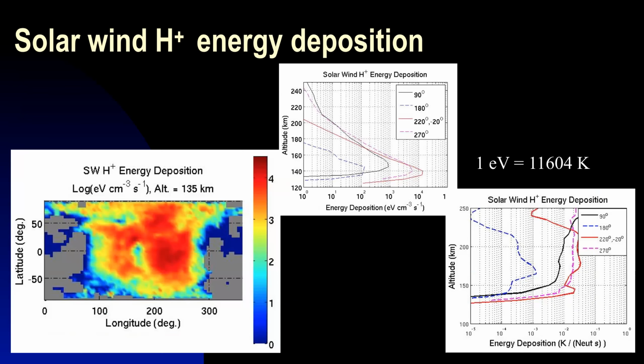They deposit most of their energy between 135 and 140 kilometers with a peak at around 220 degrees. But most of the heating is of the upper atmosphere above 140 kilometers.